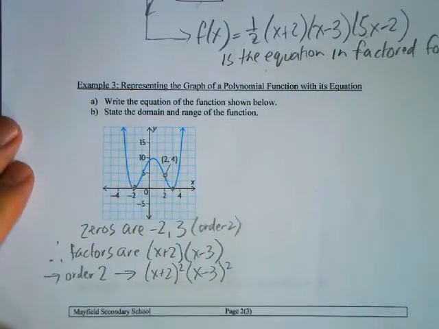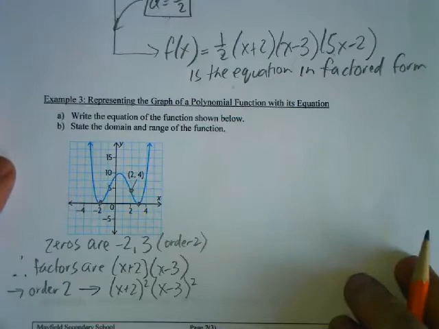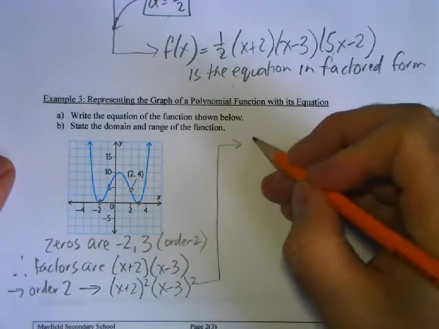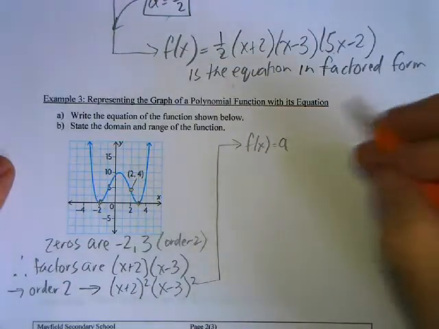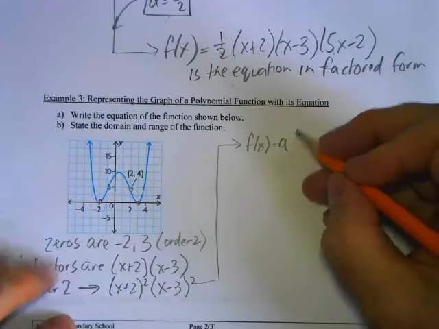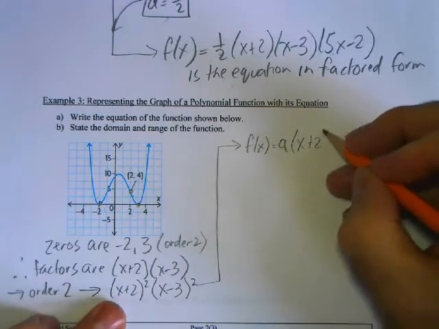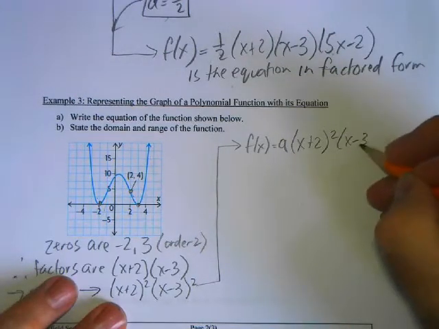Okay, so we got quite a bit of information so far. Now if I start creating my equation, I've got f of x equals a, don't forget the a, and then we put in the factors here. These factors just define the family, not the exact function, x minus 3 squared.